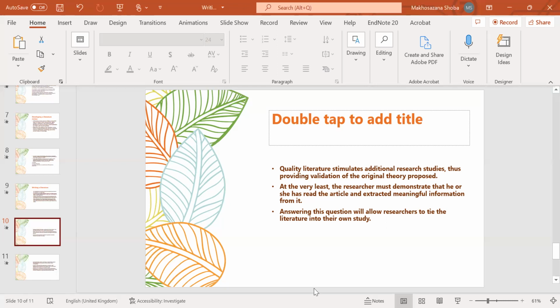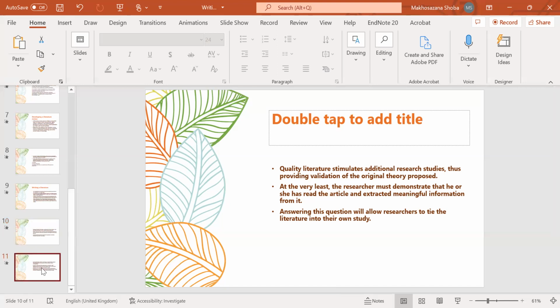A demonstration of meaningful understanding, by interpreting, synthesizing, concluding, and judging the quality of the literature, shows the researcher is able to demonstrate a meaningful understanding of this particular question. So answering this question allows researchers to tie the literature into their own studies. Once an understanding is demonstrated, it's easy for researchers to link the literature they are reading to their own studies.